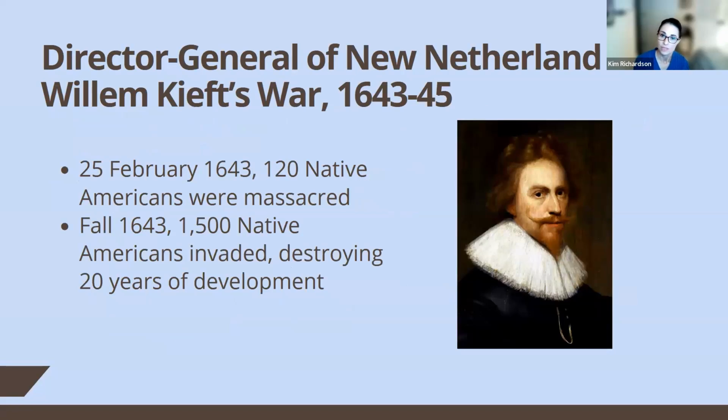In 1643, he attacked, and 120 Native Americans were massacred. It took them a little time, a few months, but in retaliation for that, 1,500 Native Americans in turn invaded and destroyed, razed, flattened 20 years of development. They came back with a vengeance.